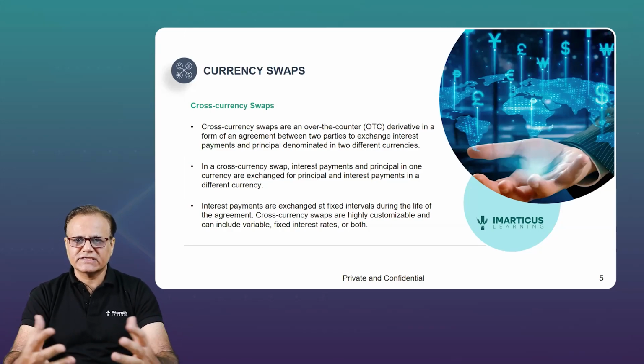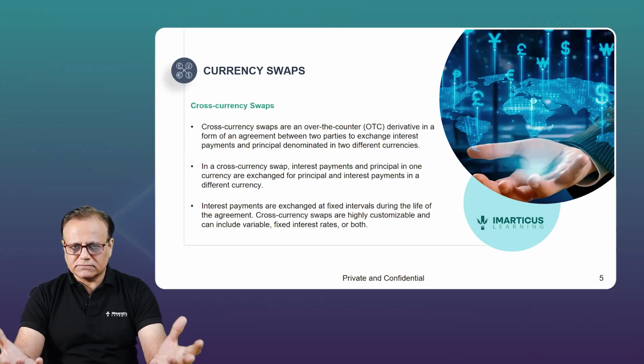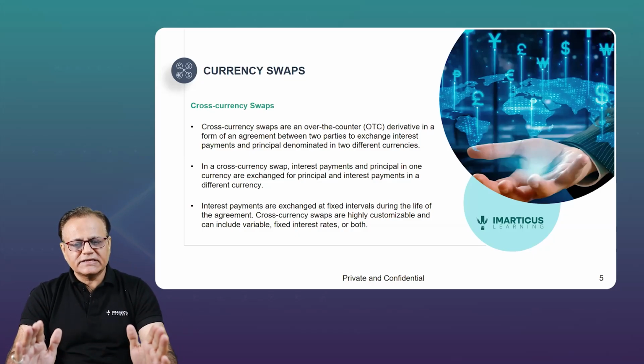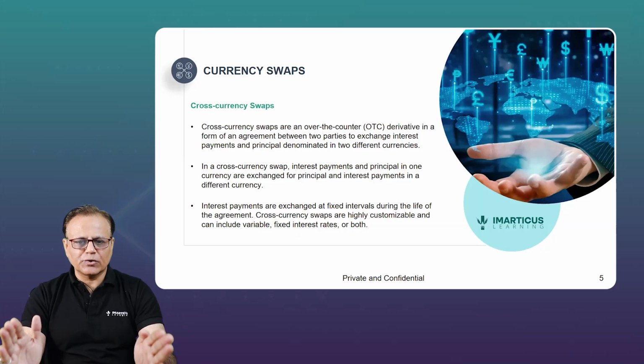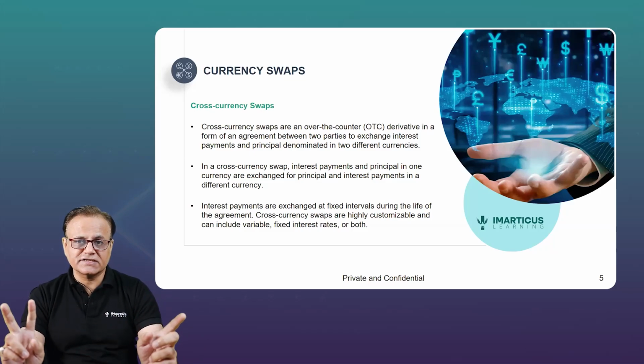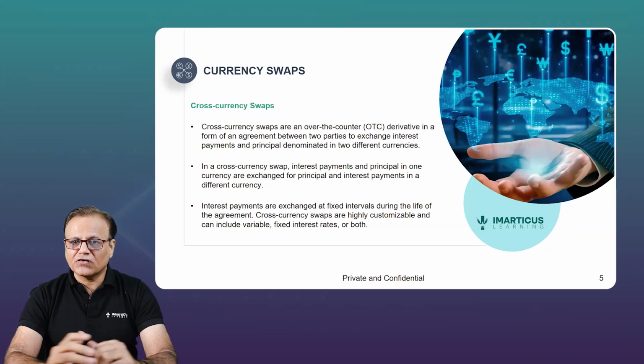And that's how an OTC product or a contract is done. So here it's basically two parties come together, exchange principal and interest payments. And again, obviously, these are cross currency, which means two different currencies have to be involved, right?